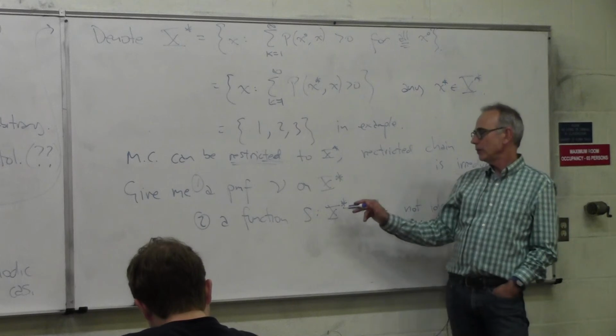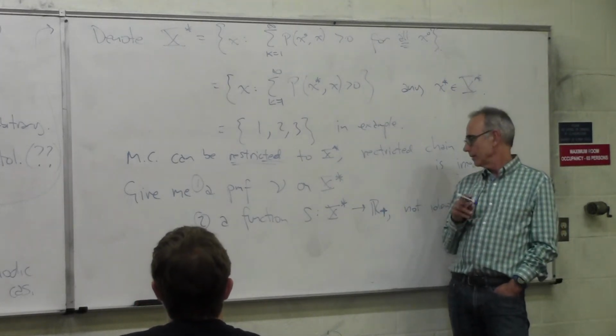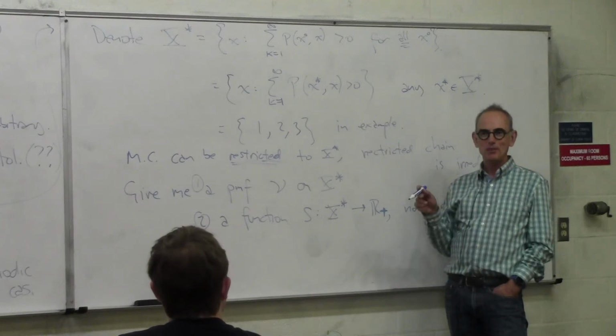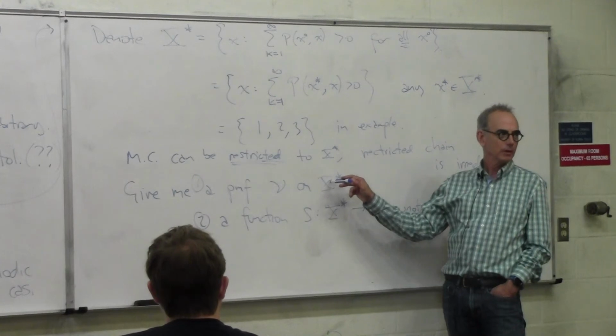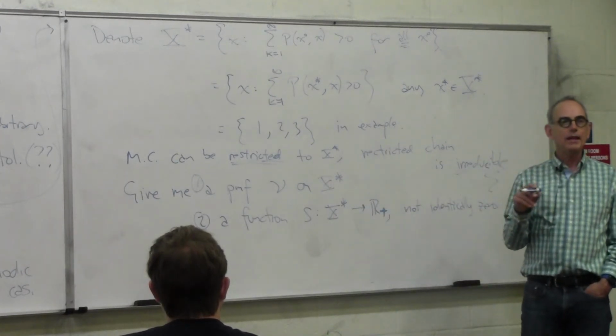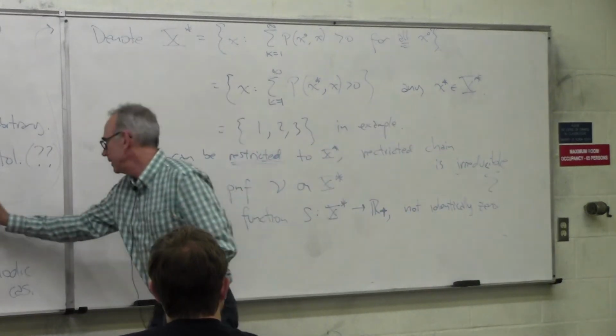I've got a function which is non-negatively valued, and it can't be identically zero. I've got a probability mass function on this. And it has to solve a minorization condition. This is a Perron-Frobenius trick.